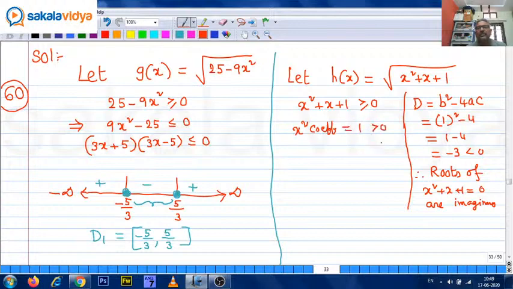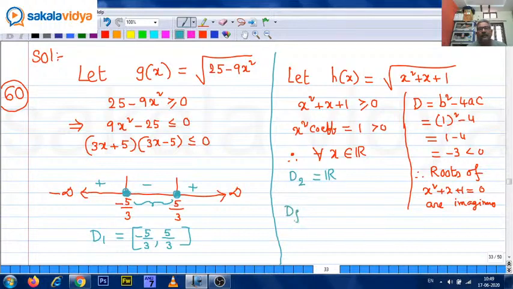That expression also greater than 0. It happens for every x belongs to real numbers, set of real numbers. That means domain of this function d2 is equal to set of real numbers.